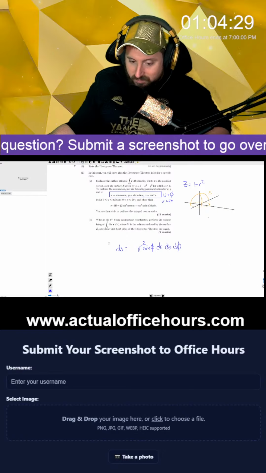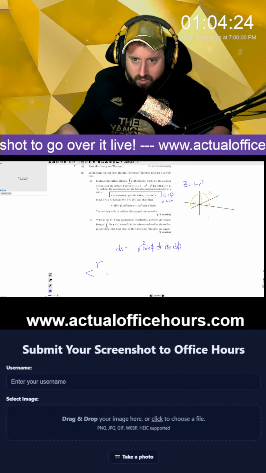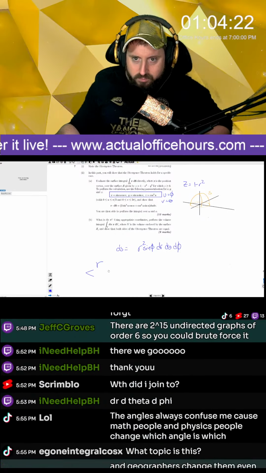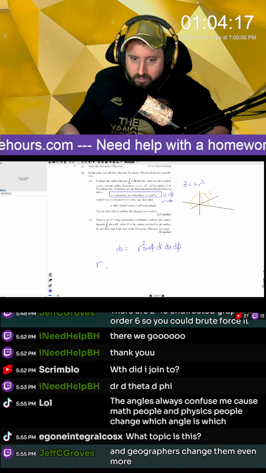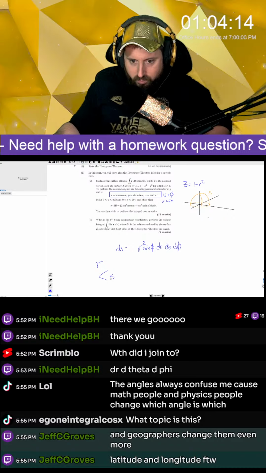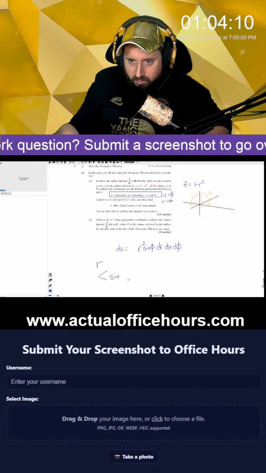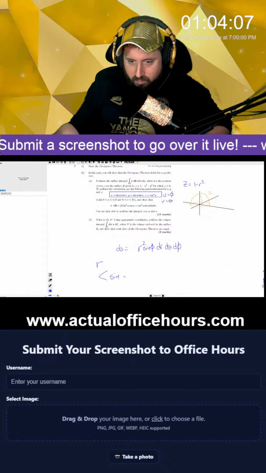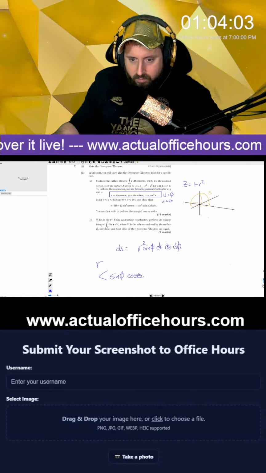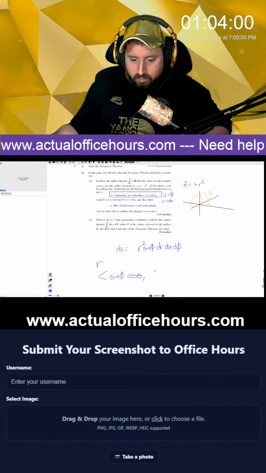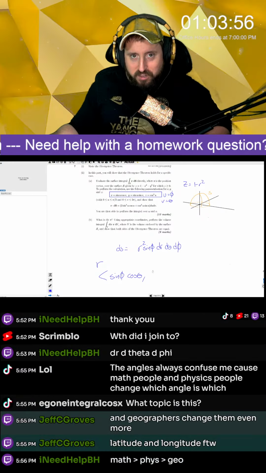Okay. So R in spherical coordinates, right? That's just equal to sine phi cosine theta. More geographers change them than... Oh, really?